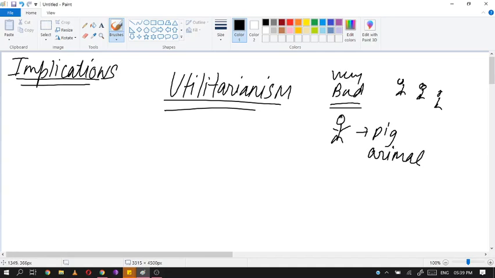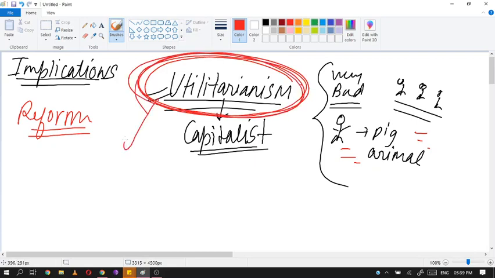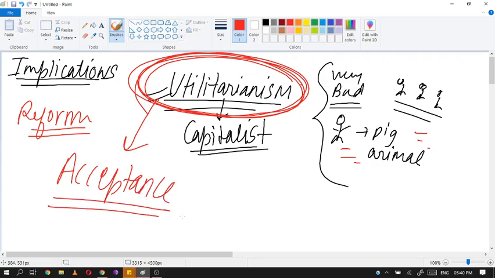No ethics, no ethical values, what nonsense. That feeling was being generated, and this was supposed to help the capitalist class, but it was not able to because the feelings of these workers would be that this is such a bad thing. But now with this reform, this utilitarianism can have more acceptance, because now quality has also been brought in.